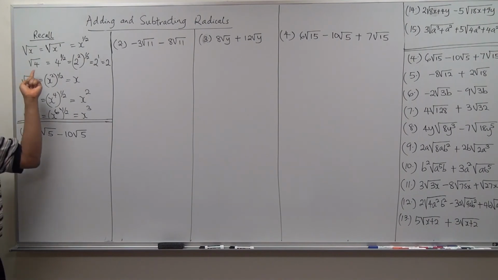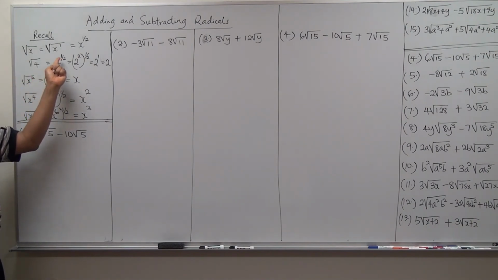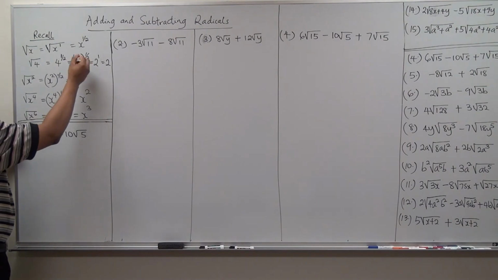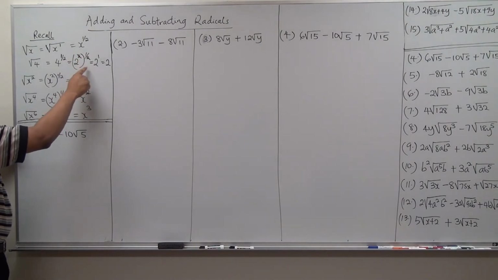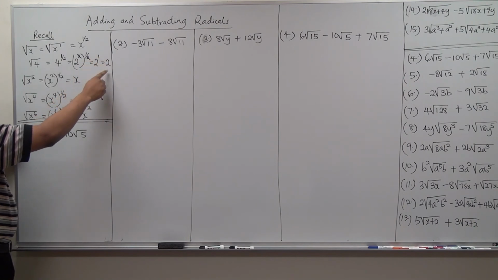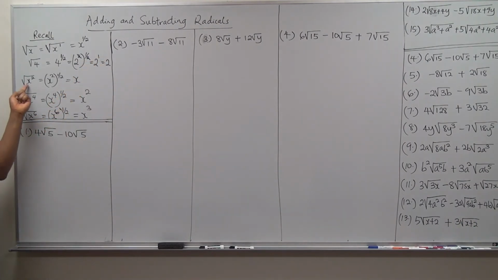If I have square root of 4, it means 4 to the exponent 1/2, which is, of course, 4 is 2 squared, and 2 will cross out 2, and that gives 2 to the power 1, which is equal to 2. If I have square root of x squared, it follows the same principle.